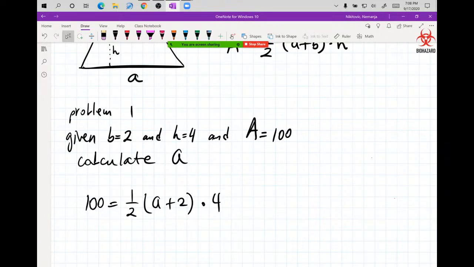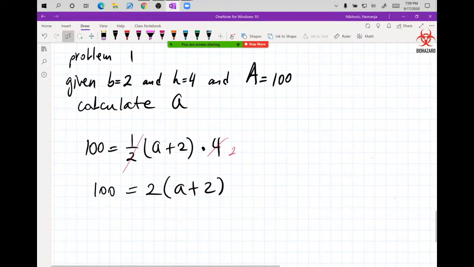So 1/2 of 4 is 2. So we have 100 is equal to 2 times A plus 2. You can distribute, or you can divide both sides by 2. It doesn't matter which, but it's better if you divide, because you work with smaller numbers rather than distributing.